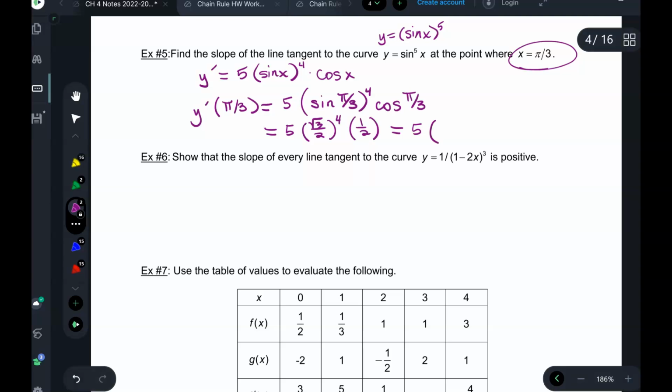Okay, 5 times, well, root 3 to the fourth. 9? Right? Because cosine of pi over 3 is 1/2. And then 2 to the fourth.